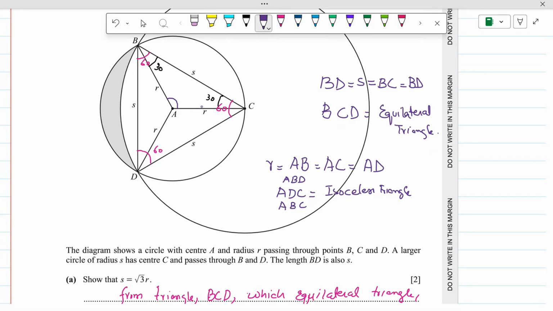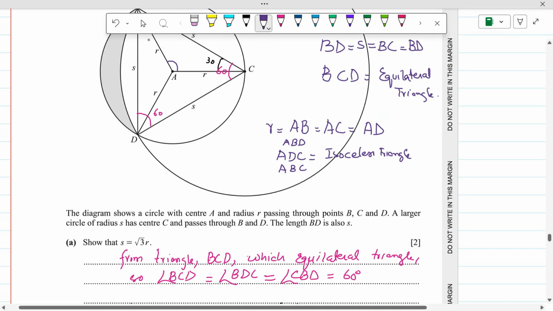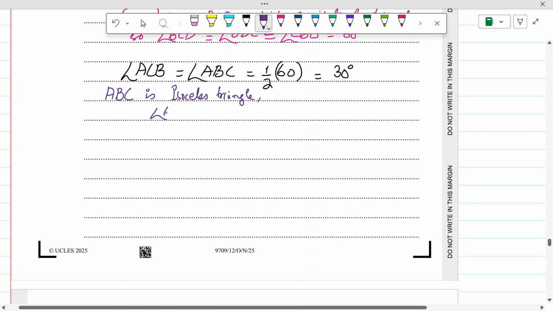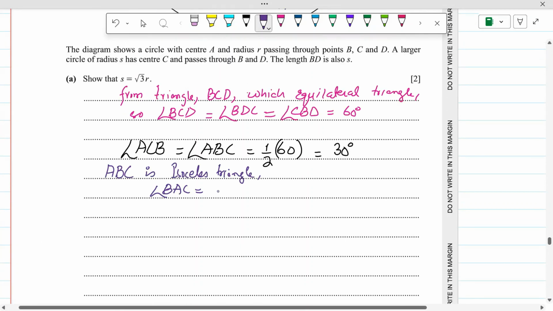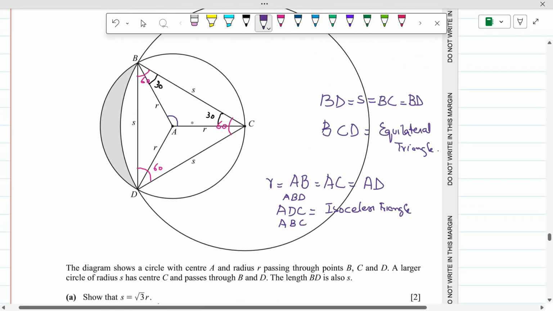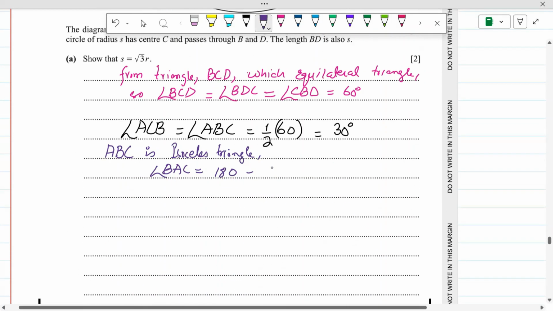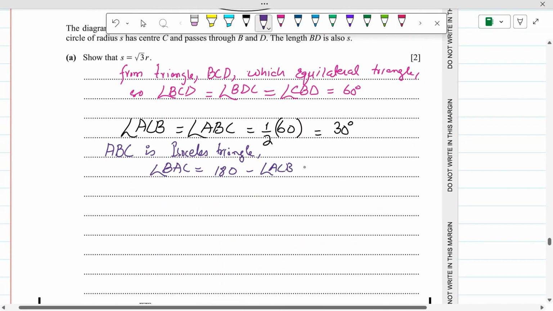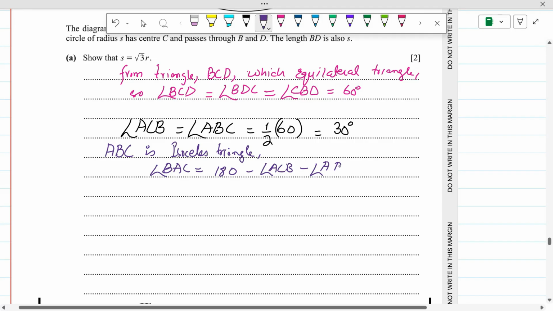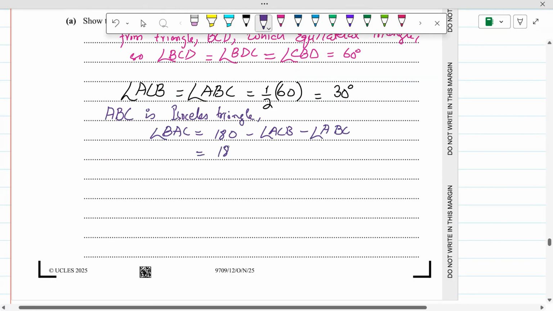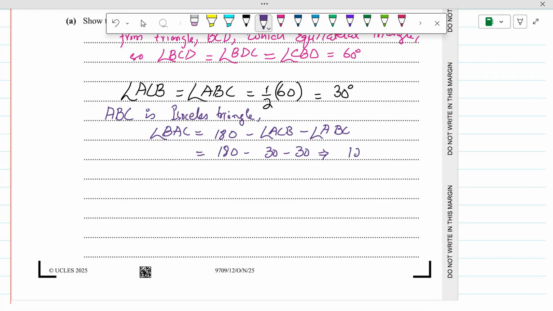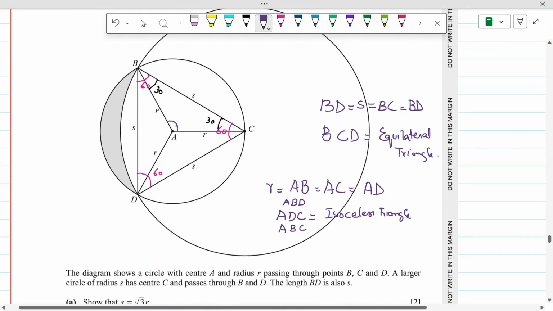So angle BAC or angle CAB is equal to 180 minus angle ACB and ABC. So 180 minus 30, and this is equal to 120 degrees, which is equal to 2 pi over 3 in radians. So this angle is 2 pi over 3.